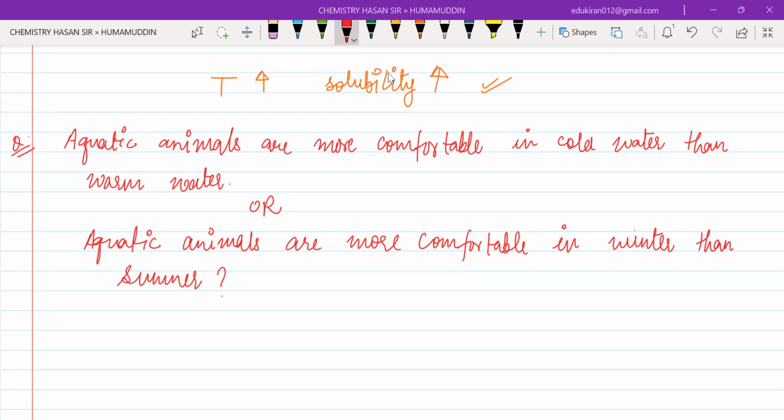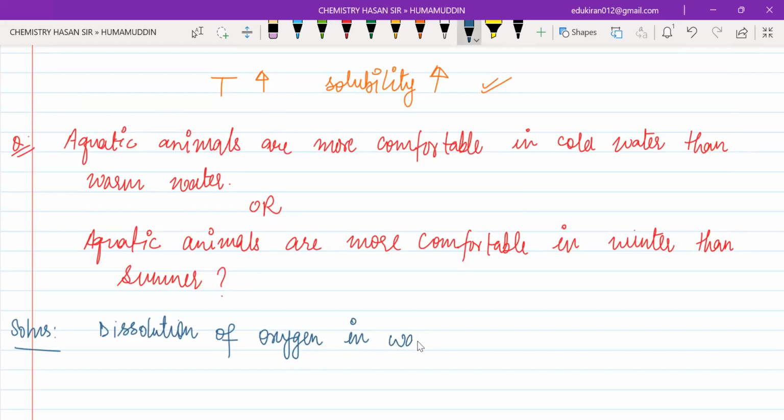So it's very easy. I'm going to explain. See what happens. Dissolution of oxygen in water is an endothermic process. Are you getting my point?